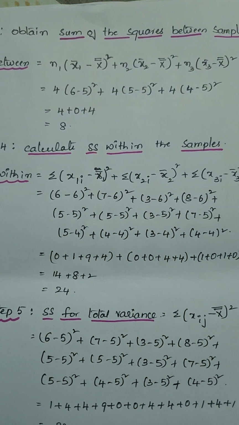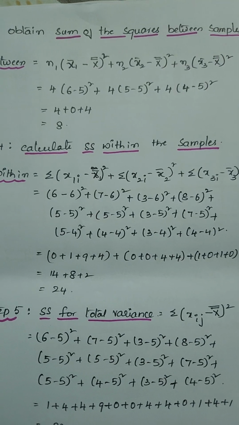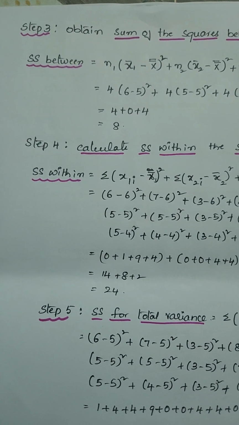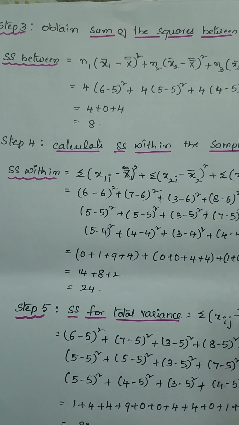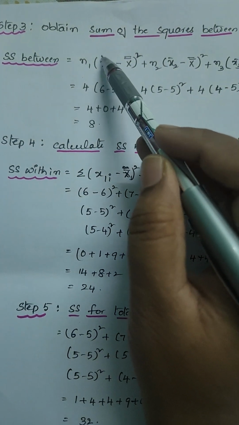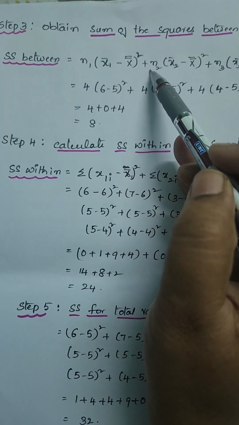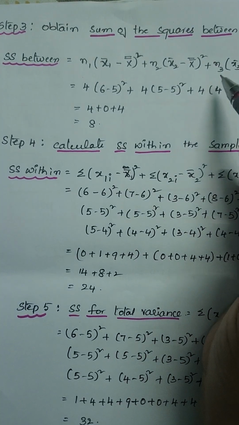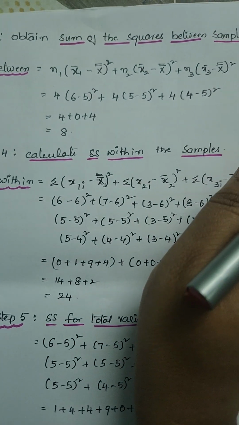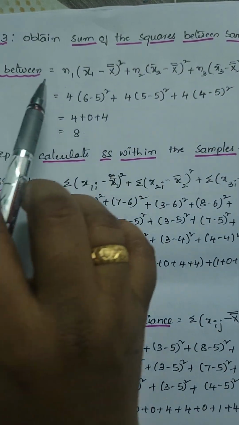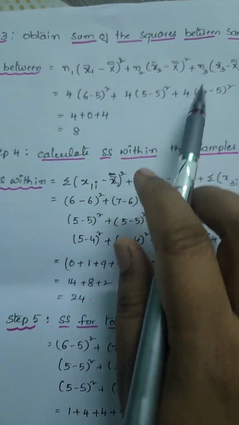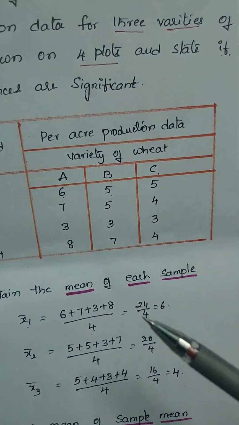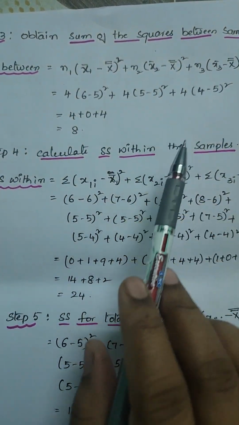Now step 3. Obtain the sum of the squares between the samples. It is called SS between. The formula is n1 into (x1 bar minus x bar) whole square plus n2 into (x2 bar minus x bar) whole square plus n3 into (x3 bar minus x bar) whole square. Now here n1 is 4, n2 is 4, n3 is 4, because we have 4 values in each sample.